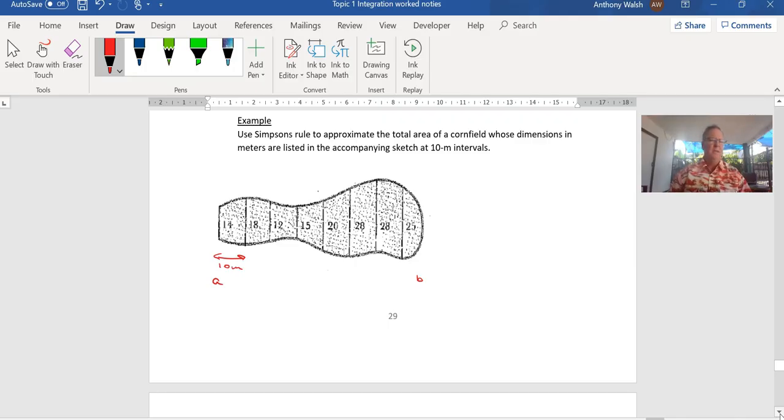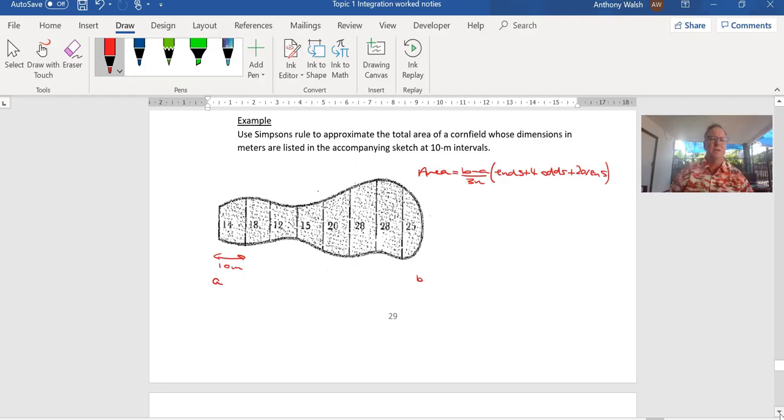Okay? So, area for a start is b minus a divided by 3n. We have ends plus 4 odds plus 2 evens. Okay, before I go any further, let me start naming my lengths here.